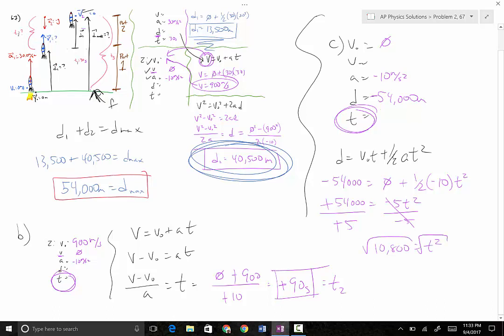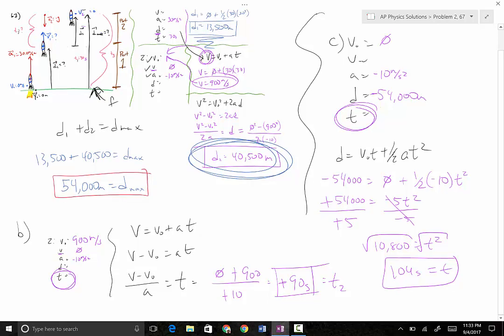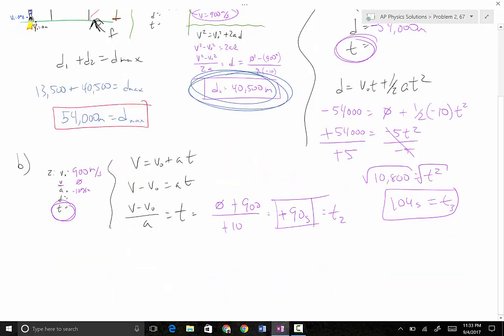And I can take the square root of both sides. And that gives me about 104 seconds. Alright, so this is T3 though. This is the last part.